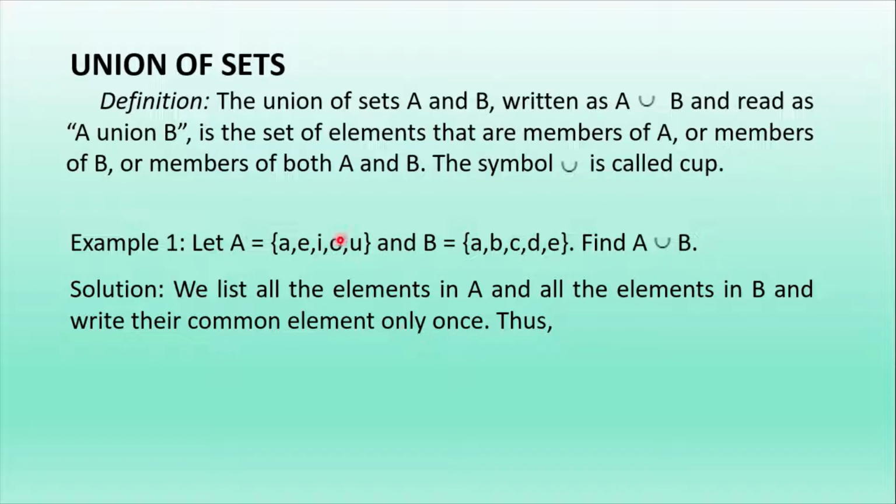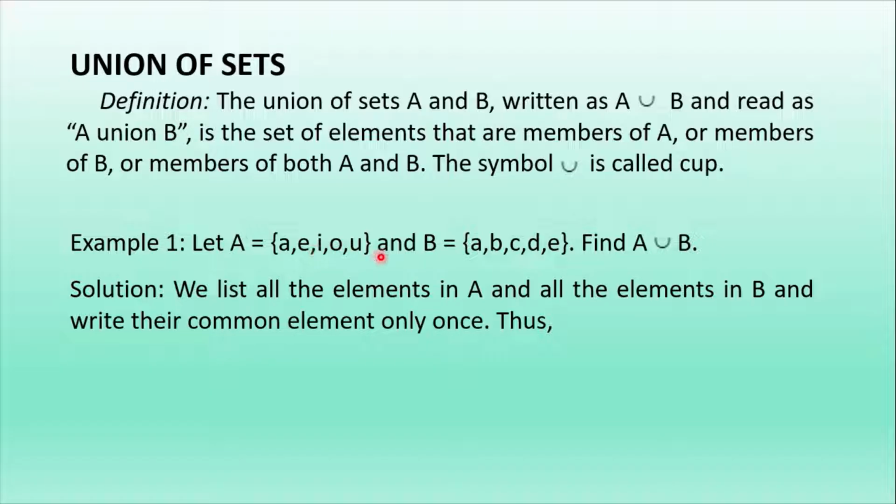So that's A. We have A here and we have also A here, so we just have to write it once. We have also E here, we have also E there, so we have to write it once. And then lahat na natira na walang kapareho, isusulat lang din natin.